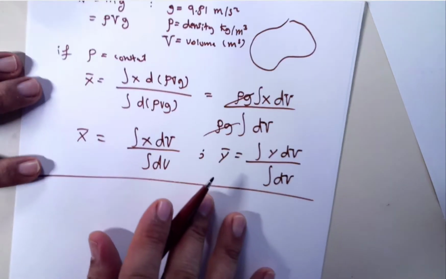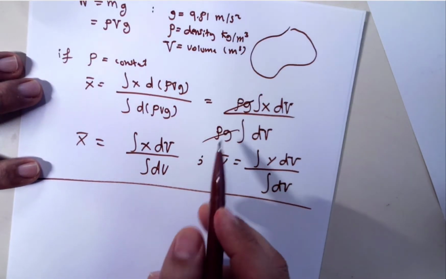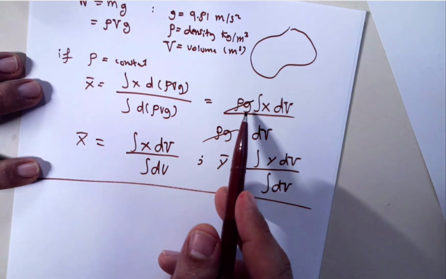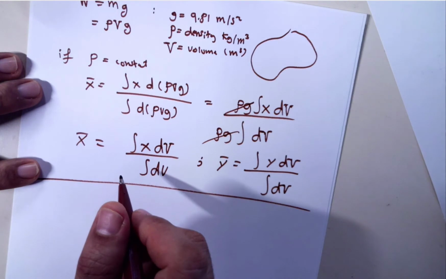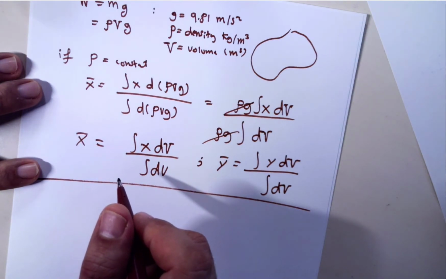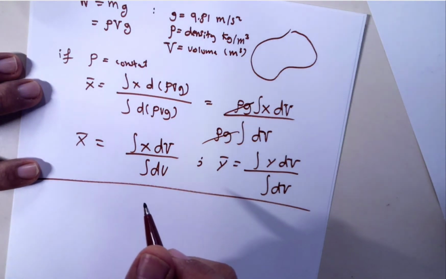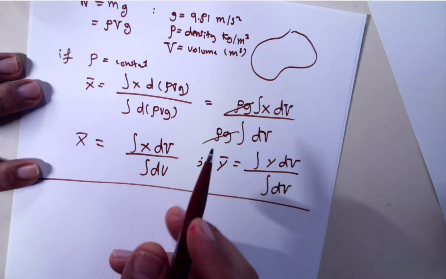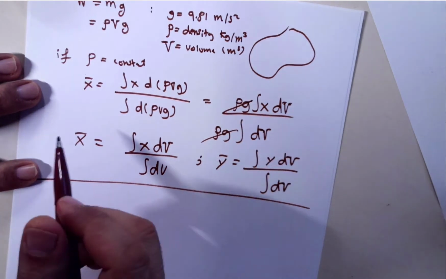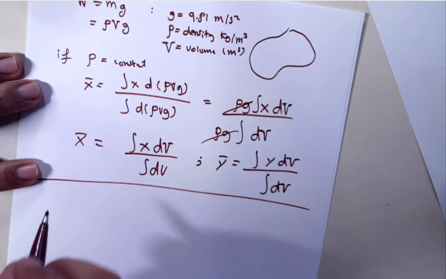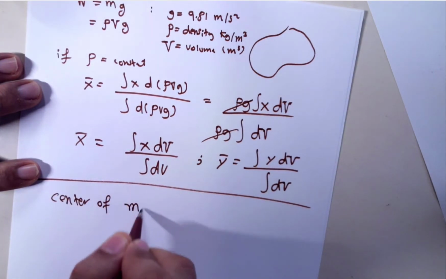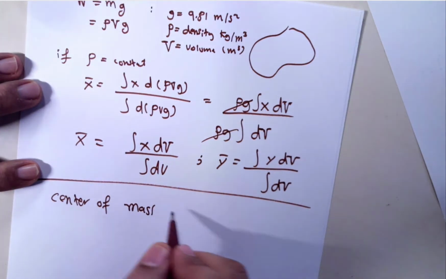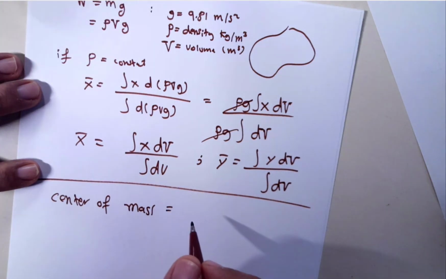All right, so what do we call this? In the sense when the density is uniform, we call this the center of mass, right? Or in fact, I'm going to go back one step. The center of mass is defined independent of the gravitational constant.